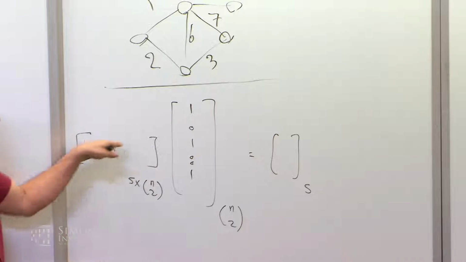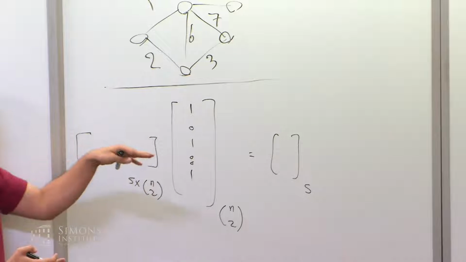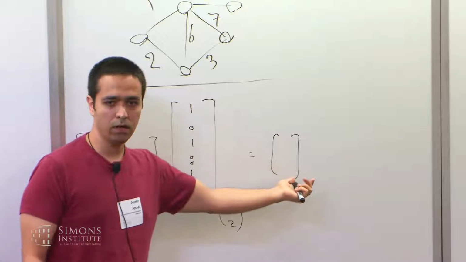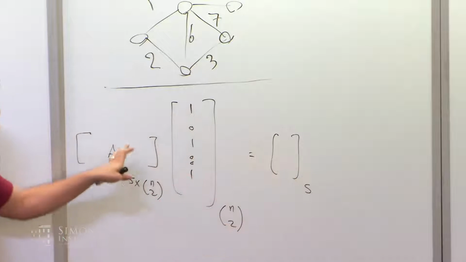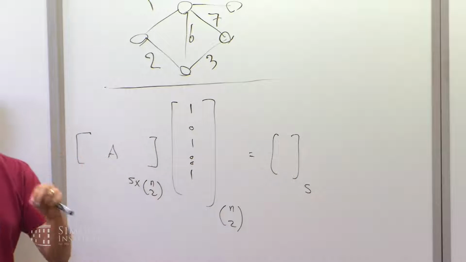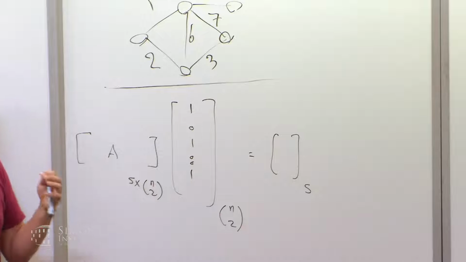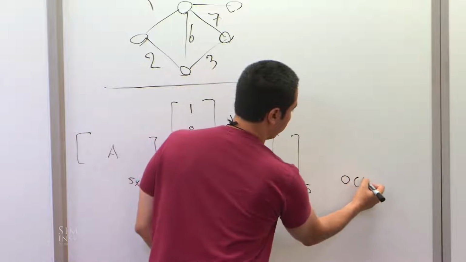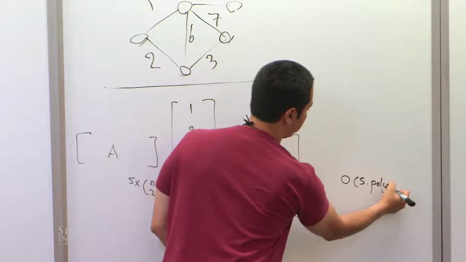Otherwise, I can just multiply with one random matrix of very large values and store everything in a single number. So my matrix A also has small numbers inside it. The representation of A is just order S polylog n bits.